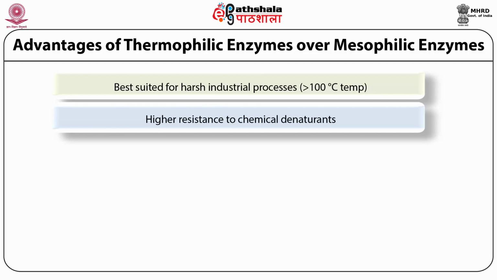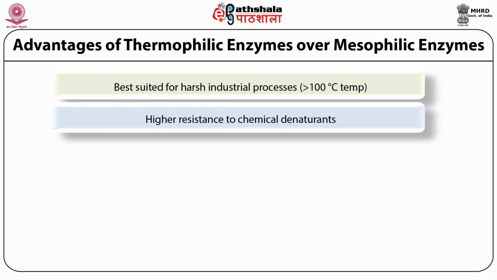So, this is the fundamental advantage provided by these enzymes. Along with that, these thermophilic enzymes are known to have higher resistance to chemical denaturants as well. The harsh organic solvents and, for example, guanidine hydrochloride, such chemicals which lead to denaturation of normal mesophilic enzymes, can be tolerated by these thermophilic enzymes.